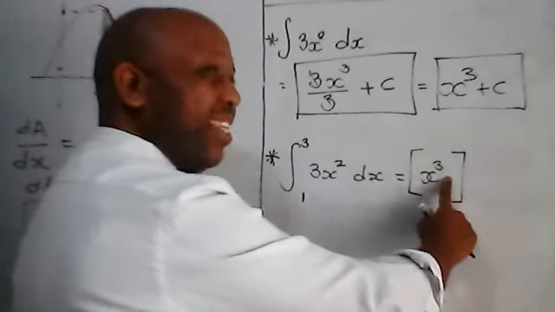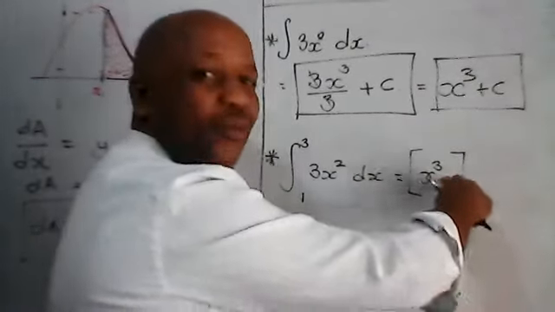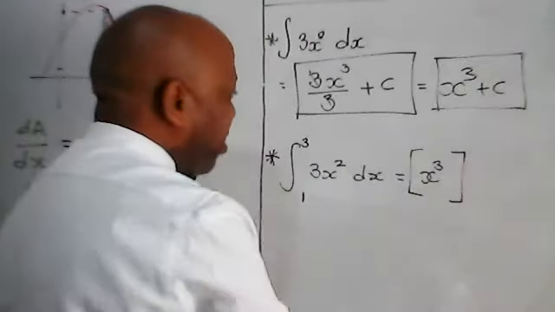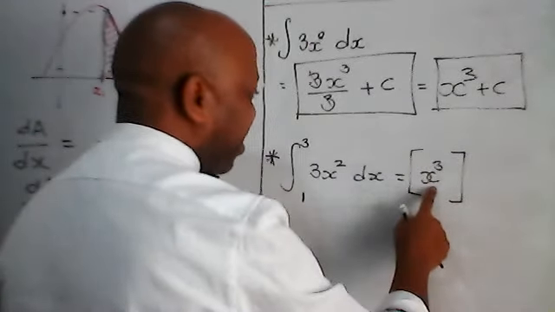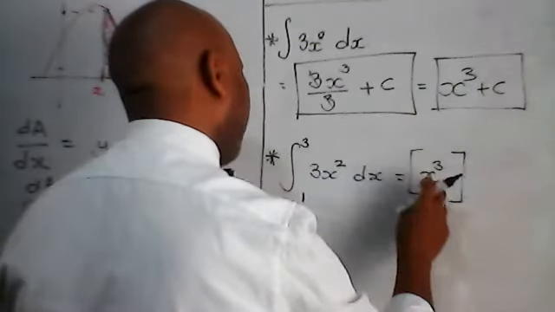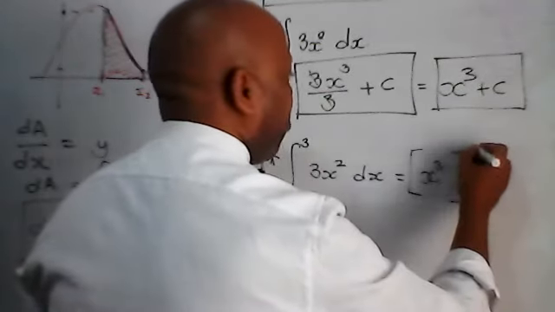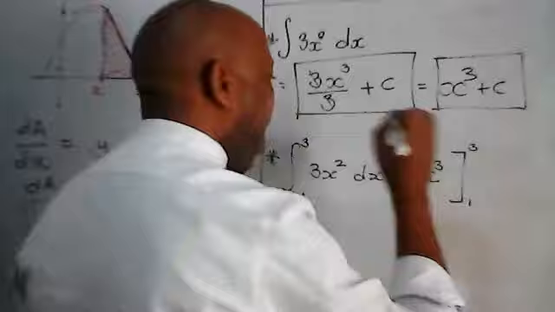So there's no plus c there. We know exactly which values we want to use. We've integrated it, we've got our function inside the square brackets, and we've got boundaries 3 and 1.